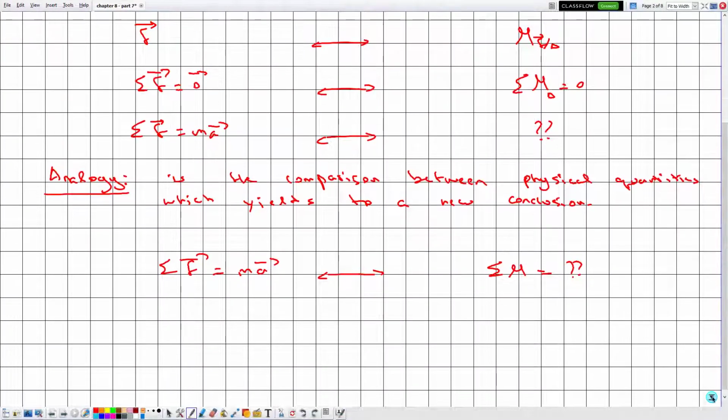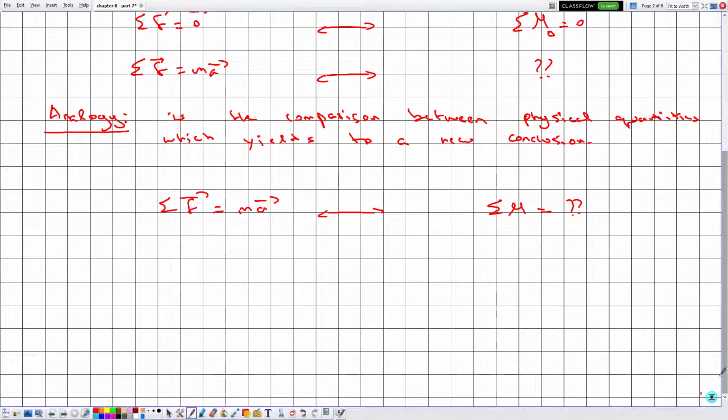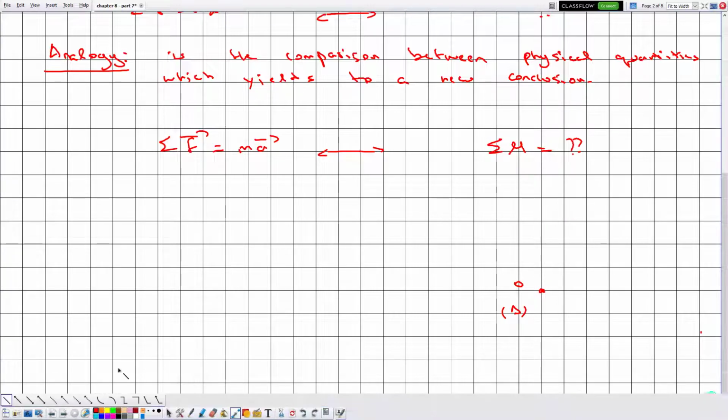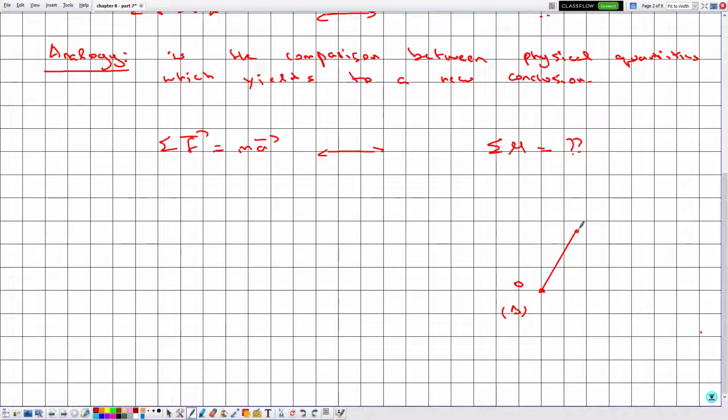So in order to explain what will happen, let me consider the following. Let me consider an axis of rotation, delta, passing through the center O. And let me consider only one body connected to the point O. So here we have a mass m.